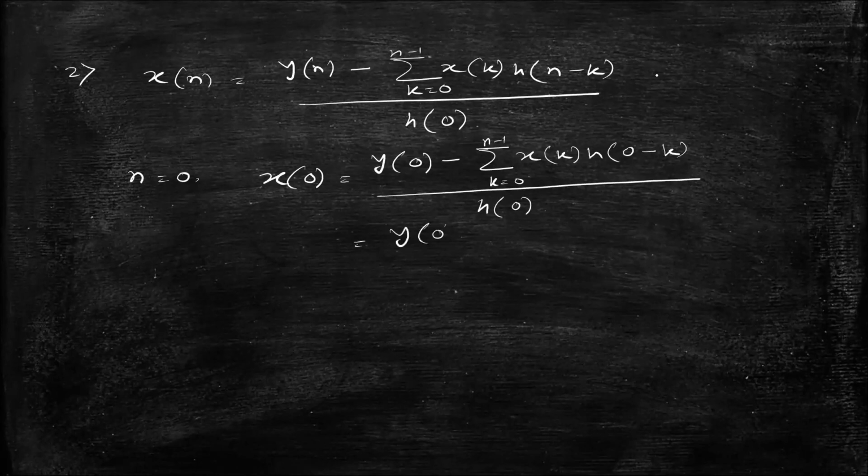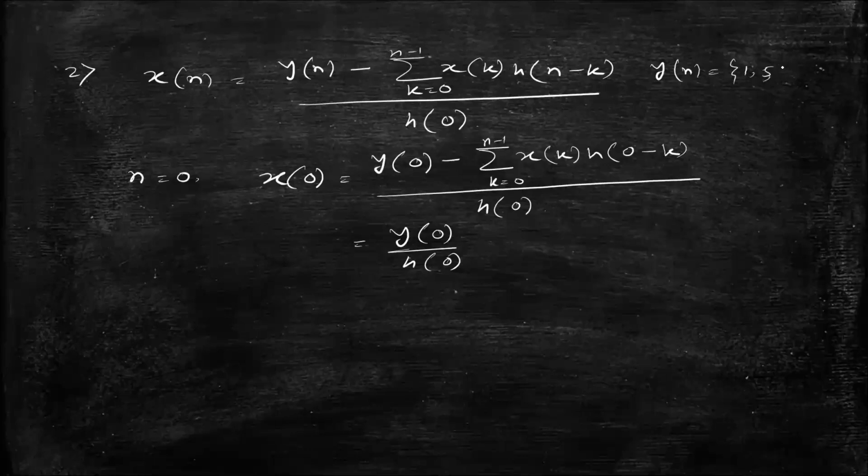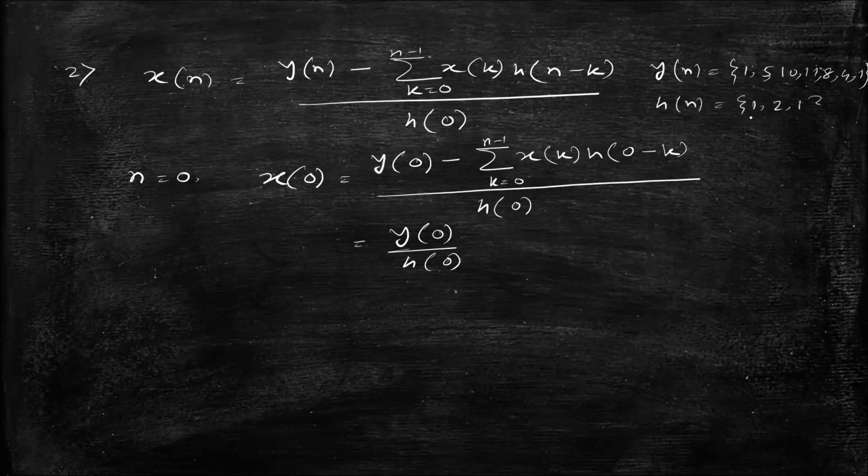So what is the value of y, y of n: 1 5 10 11 8 4 1, that is the value of y, and h of n is 1 2 1. So this is, so 0 by 0, that is 1 by 1, that is 1. So x of 0 equal to 1. Okay, now move to the second one.